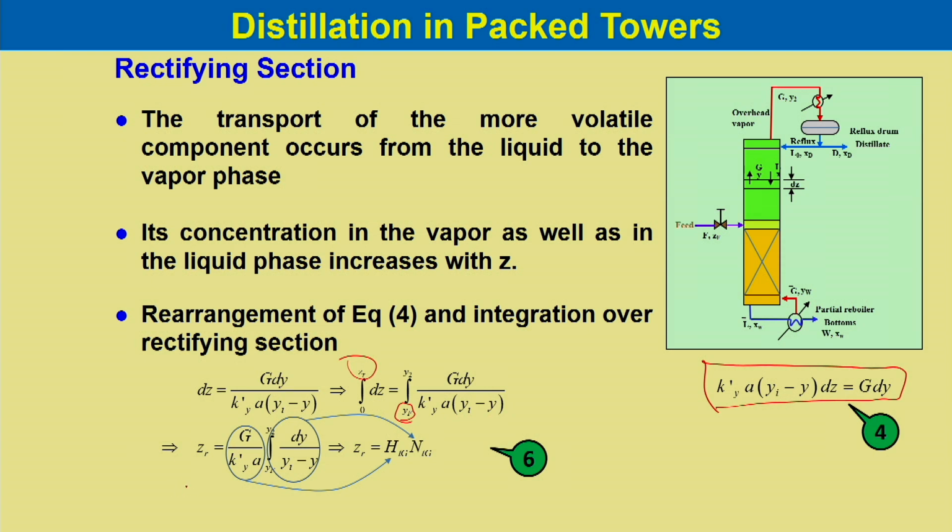So, after integration Zr would be equal to G by Ky dash A, integral yf to y2 dy by yi minus y. From here we can write that this part is basically HTG and the other integral part is the NTG, which is shown in equation 6.